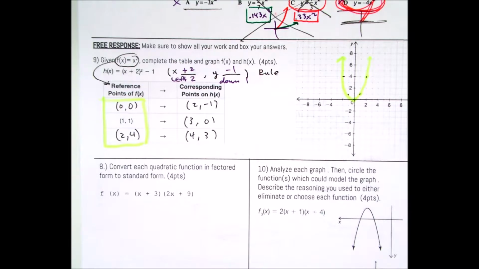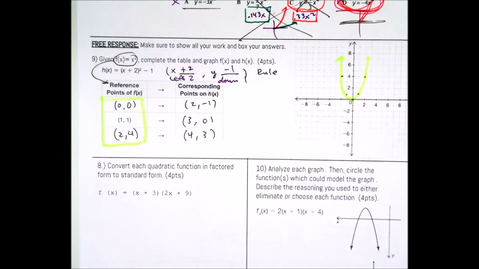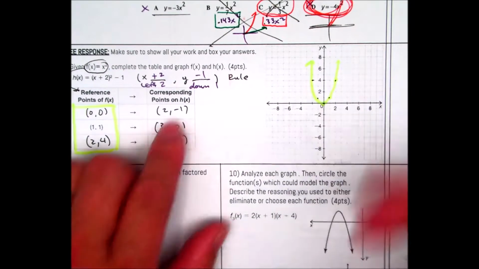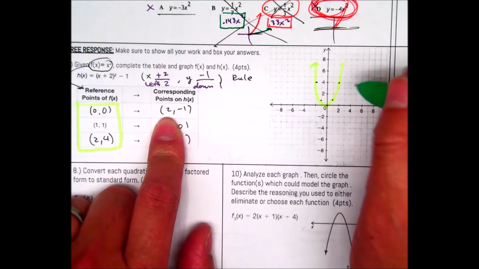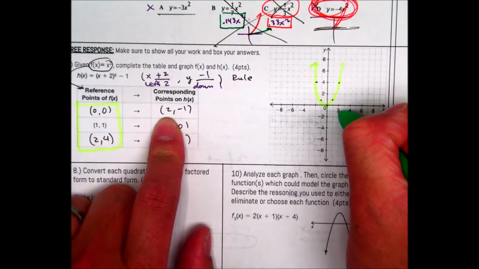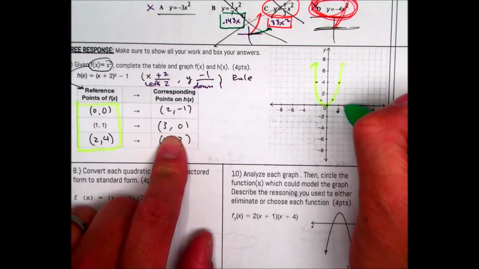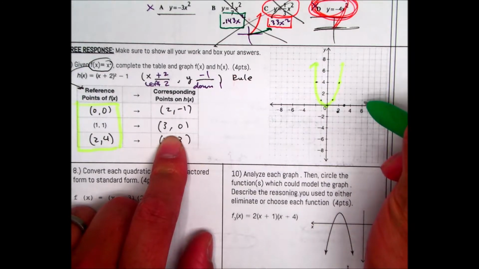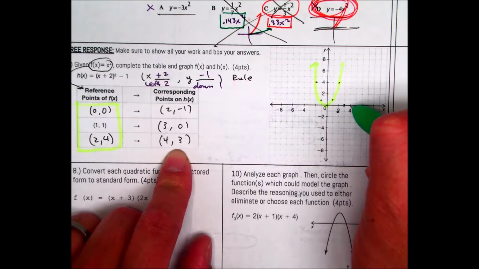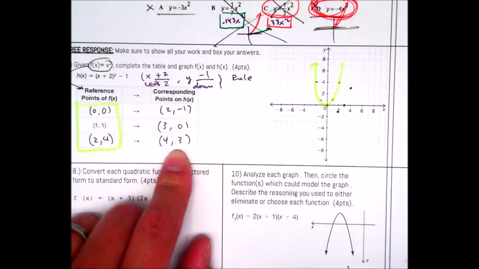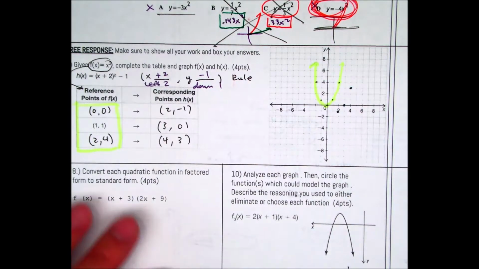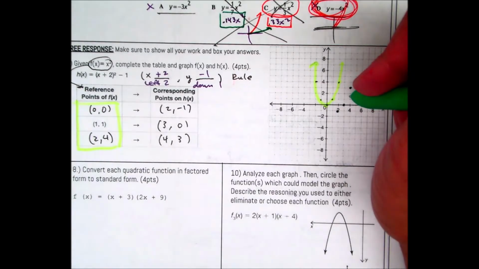Let's graph this and see what my graph looks like. 2, negative 1. Right 2, down 1. 3, 0. So right 3, 0. And then 4, 3. And then here, what I'm going to do is I'm going to do some symmetrical points.